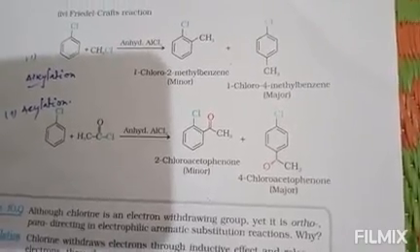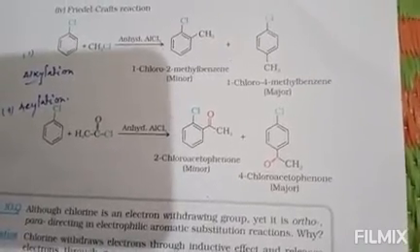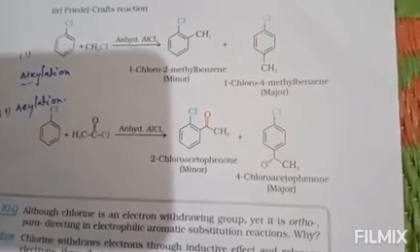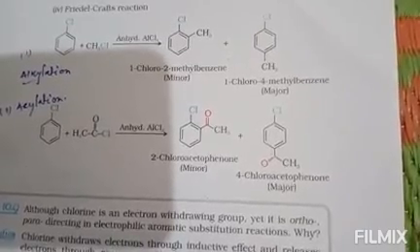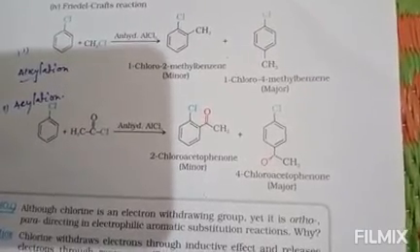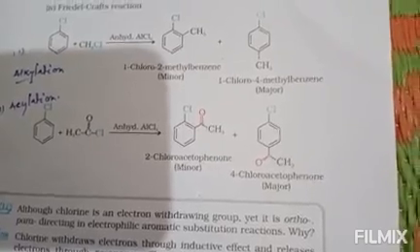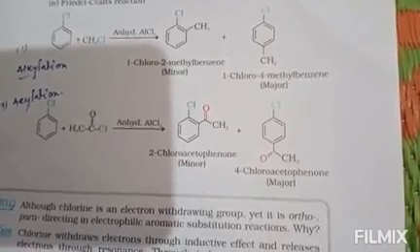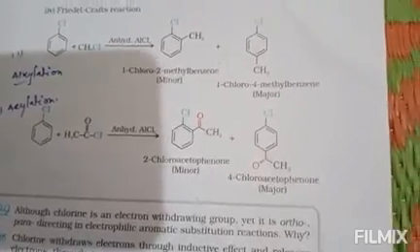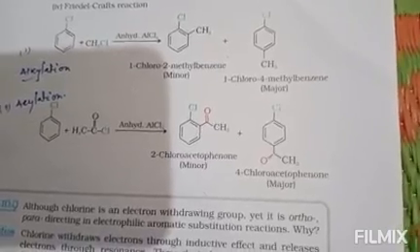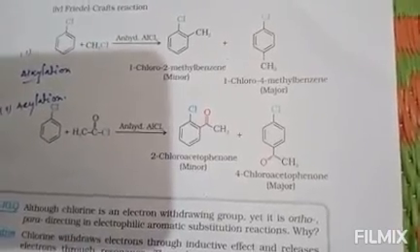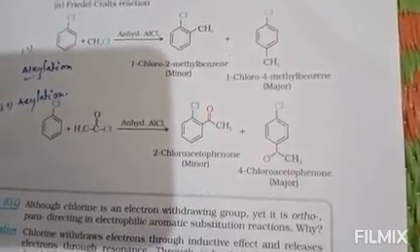So chlorobenzene when combined with methyl chloride in the presence of aluminum chloride, then you will get 1-chloro-2-methylbenzene as a minor product and 1-chloro-4-methylbenzene as a major product. Here a CH3 group is attached to the chlorobenzene, so it is a Friedel-Crafts alkylation reaction.